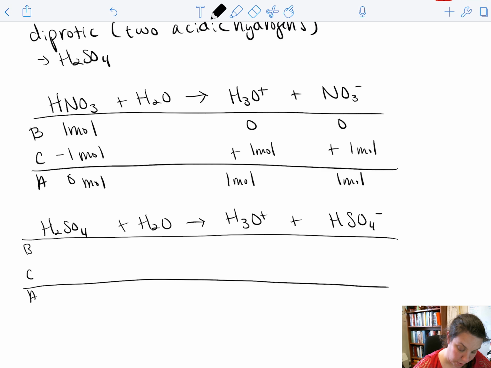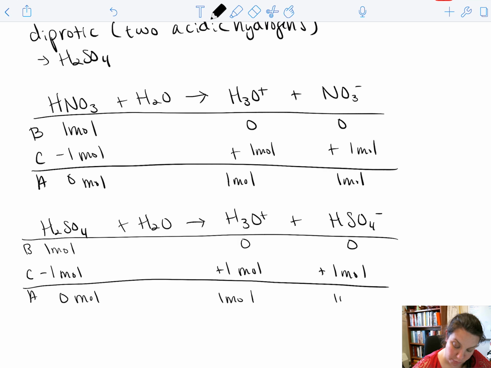If we start out with 1 mole of sulfuric acid, that will completely ionize to produce 1 mole of hydronium and 1 mole of our hydrogen sulfate, leaving us with 0 moles here, 1 mole here, and 1 mole here.